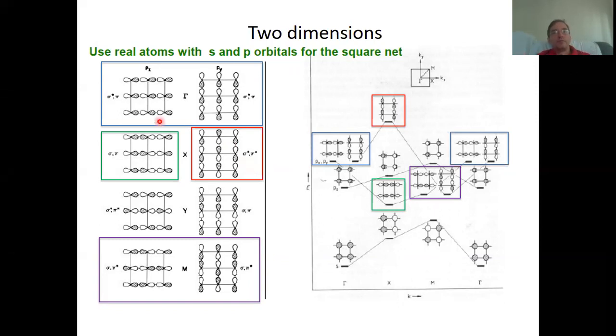Okay, let us first look at the px orbitals and the py orbitals at the point lambda. The px orbitals point in x direction, the py orbitals point in y direction.